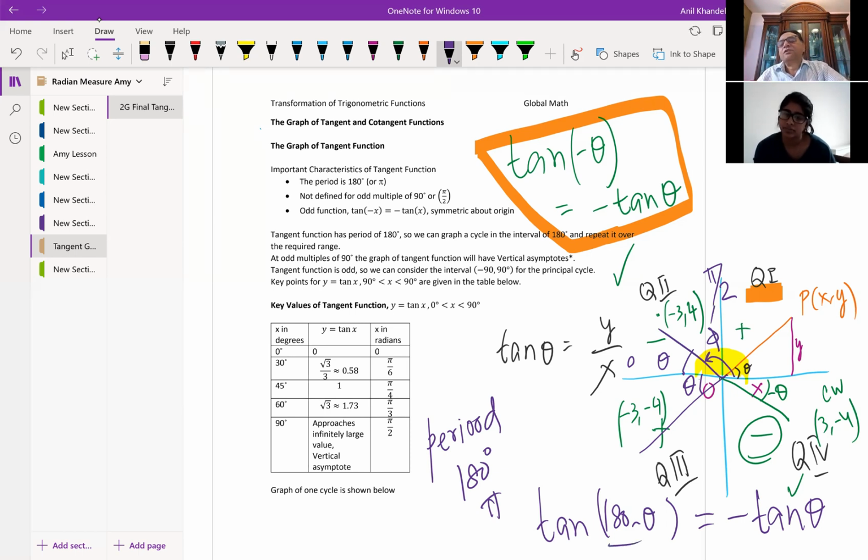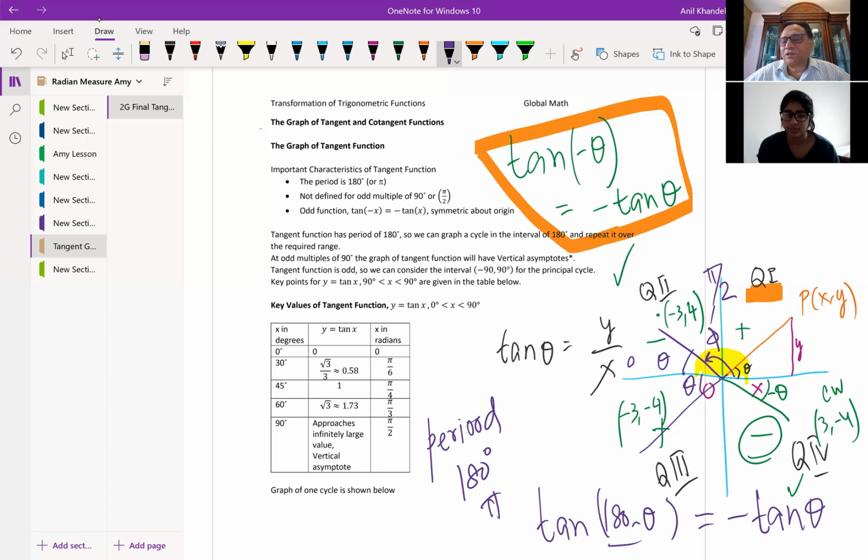You get the idea. So tan of 180 minus theta is basically minus tan theta because tan is negative here. That's clear. So we have to only work for 0 to 90 degrees to get the whole picture of tan over the complete domain of real numbers. Correct.